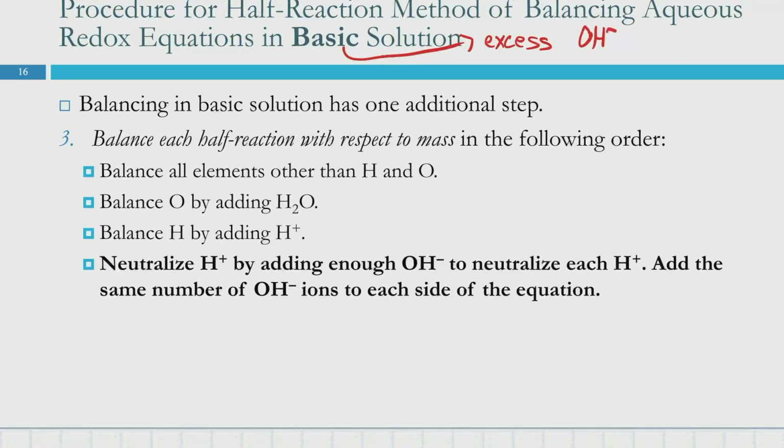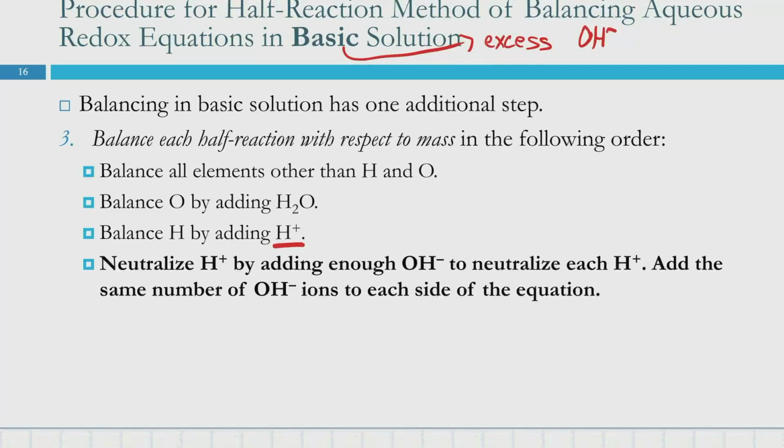We're going to add a single step, just one step, that makes this different from balancing it in acidic solution. So we do our normal balancing in acidic solution steps, including the balancing with the H+ to get our hydrogens balanced. And then we neutralize all of those H+ by adding hydroxides.